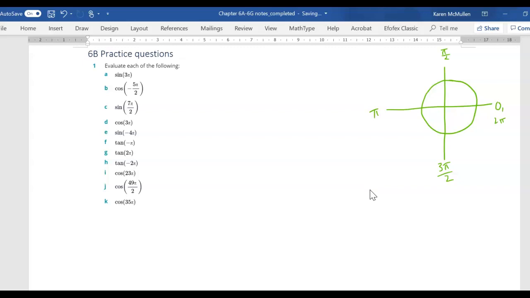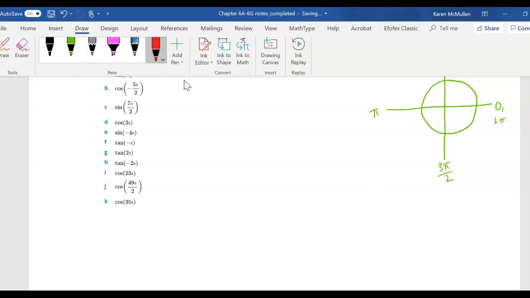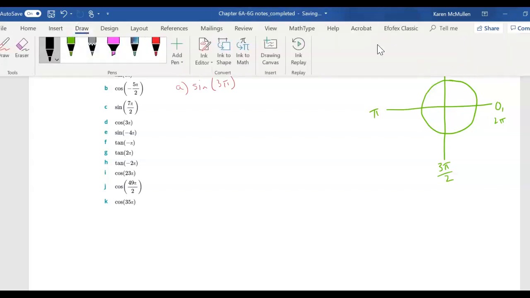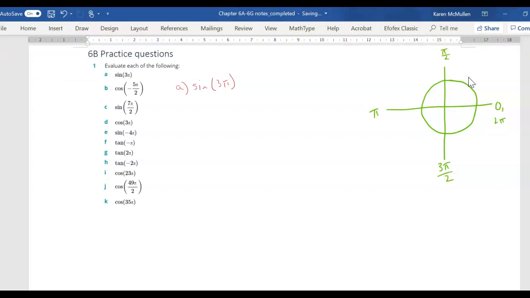All right, so for the first one, let's do as many as we can. We seem to always do the easier ones. So sine of 3 pi. Okay, so we've got to find 3 pi first of all. So if I always start at 0, and we go around 1 pi, 2 pi, 3 pi, so I'm here.